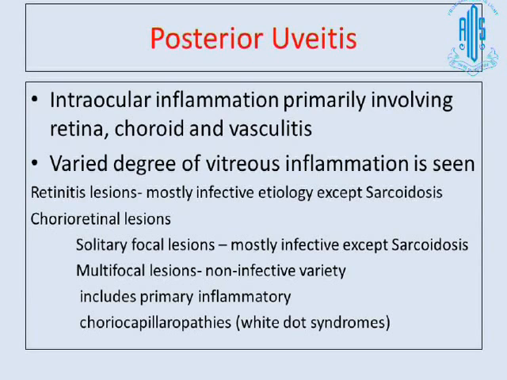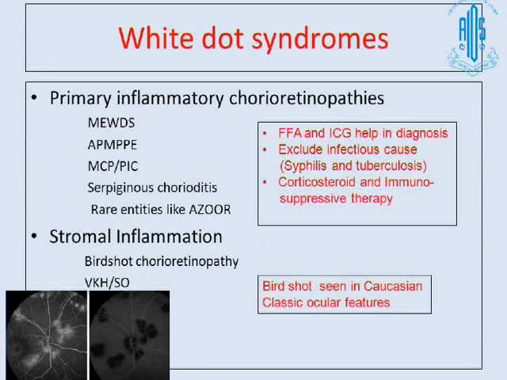And the multifocal ones are what we call white dot syndromes. These are the syndromes which nowadays in our population we are investigating for syphilis and TB. Only after we exclude them do we treat with steroids or other immunomodulatory drugs.